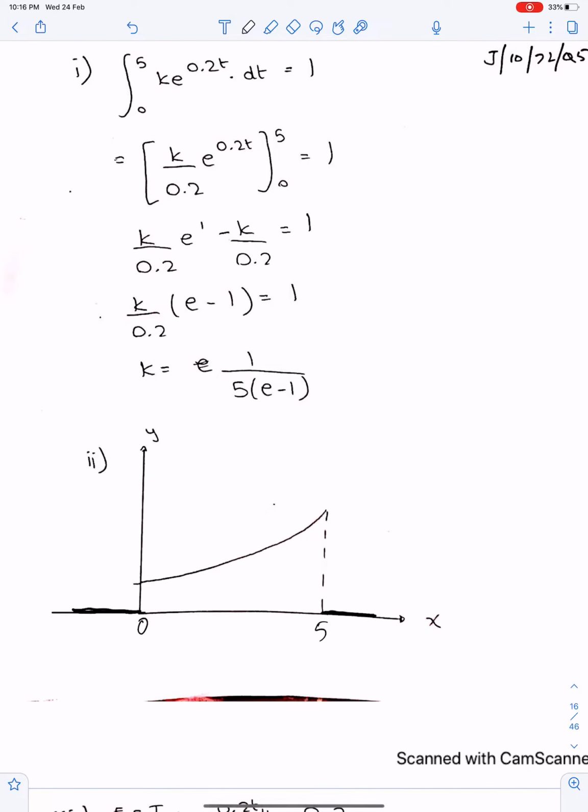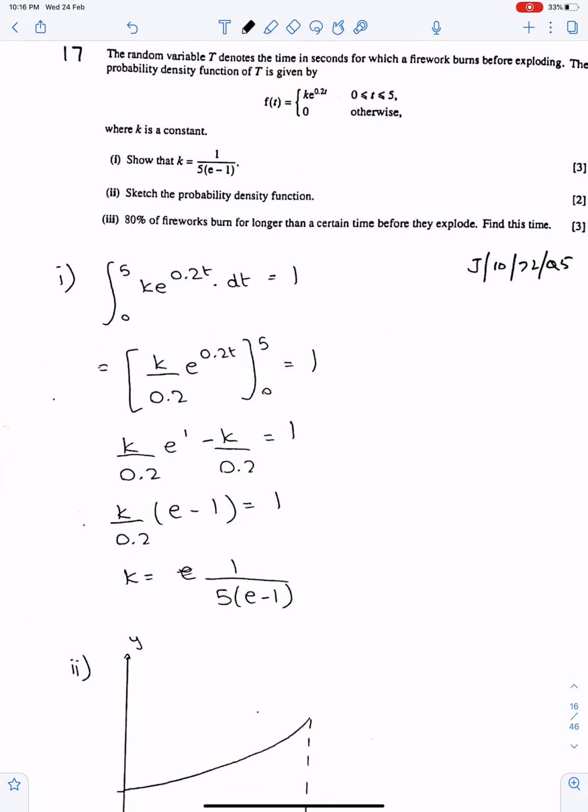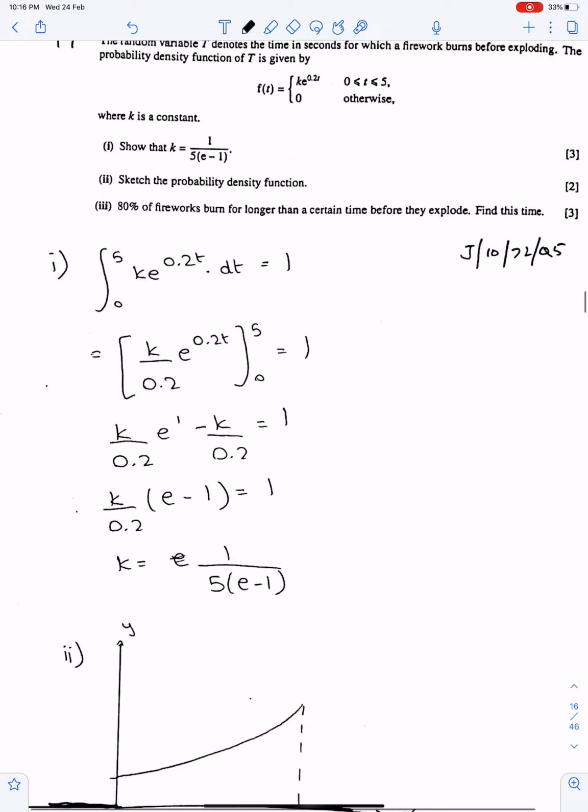Let me tell you how to get the y-intercept. You should write 1 upon 5 e minus 1 times e power 0. So the intercept is this number, 1 upon 5 e minus 1. You need to check this in your calculator. Let me check this.